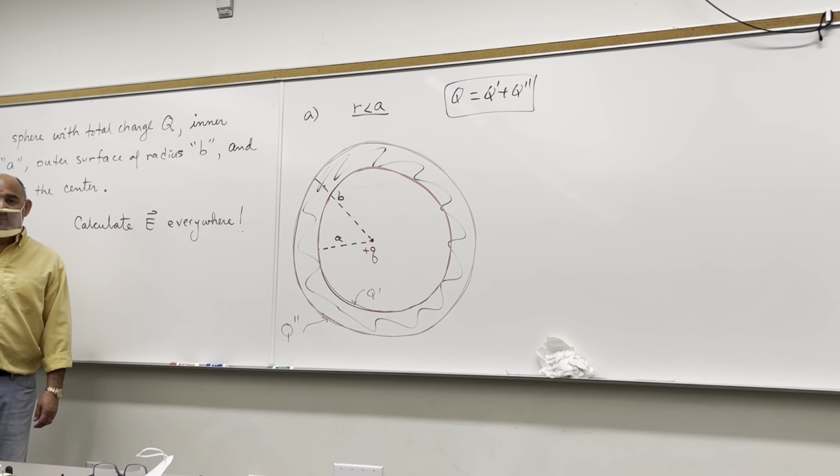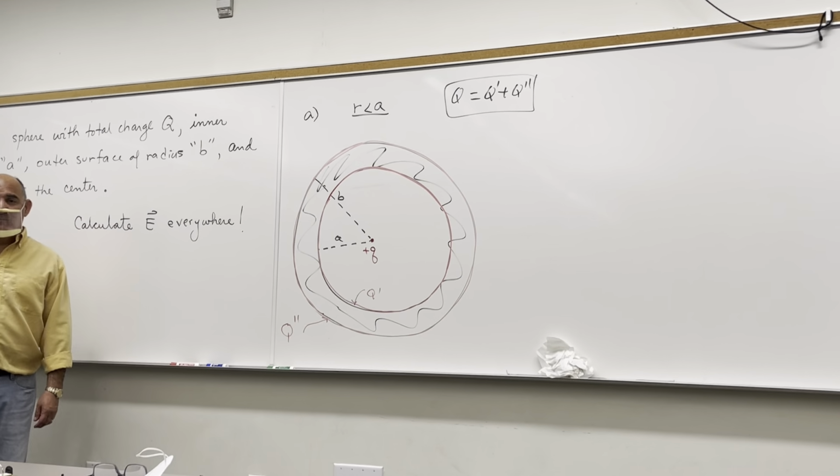Should we do, how about B? So r between radius A and radius B. This would be inside the conductor, right? Where the meat is, right? Where if you were to eat the conductor, that's what you would bite. Right?